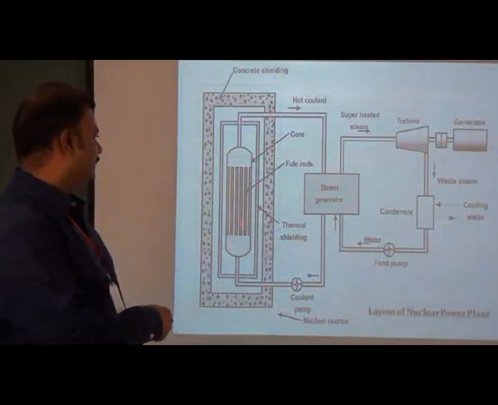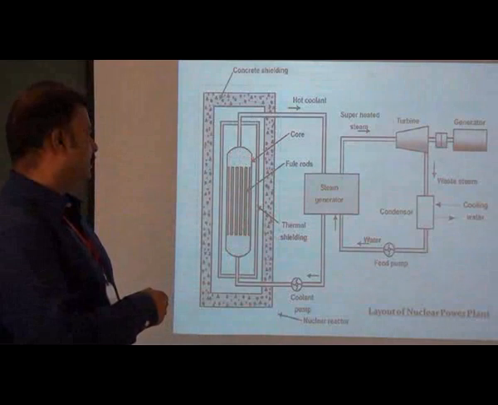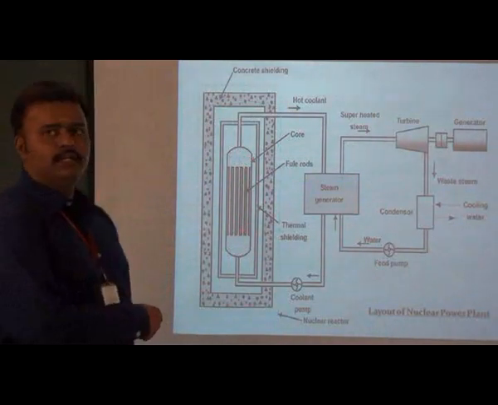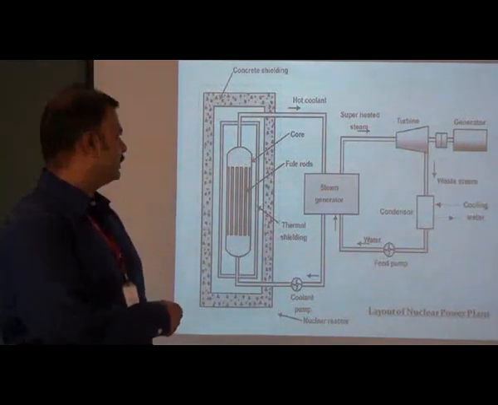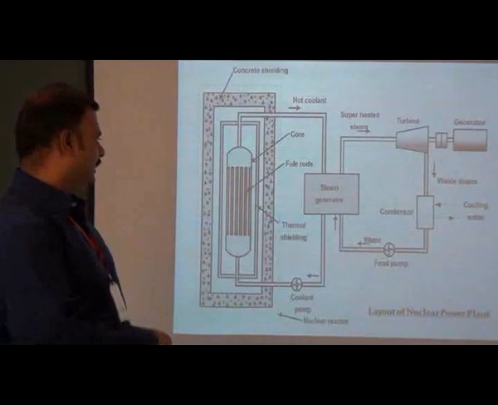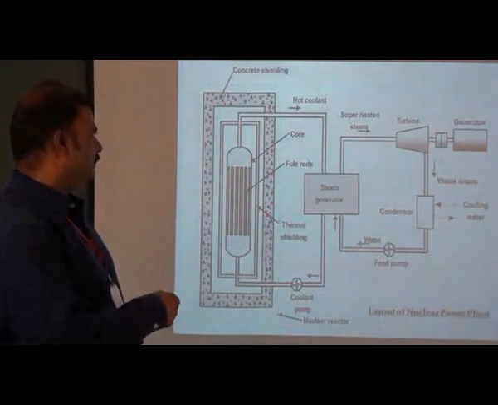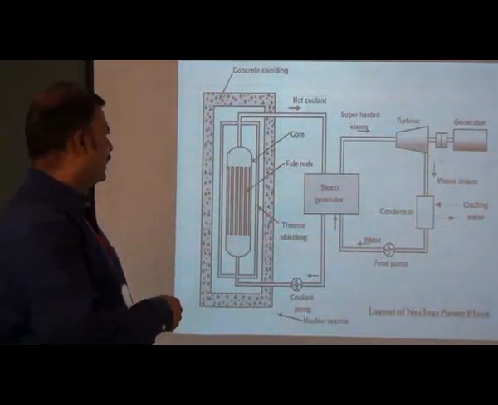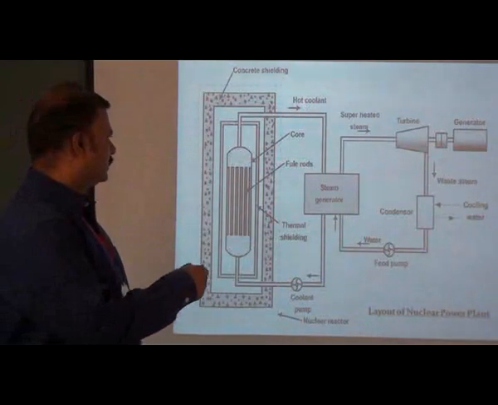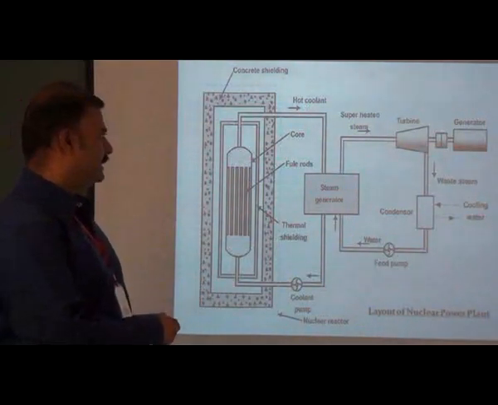This energy is utilized to heat the coolant or water which is coming inside the nuclear reactor, and it is converted into hot coolant. Either it may be converted into steam or it may be converted into hot coolant, and the hot coolant is passed through the steam generator.